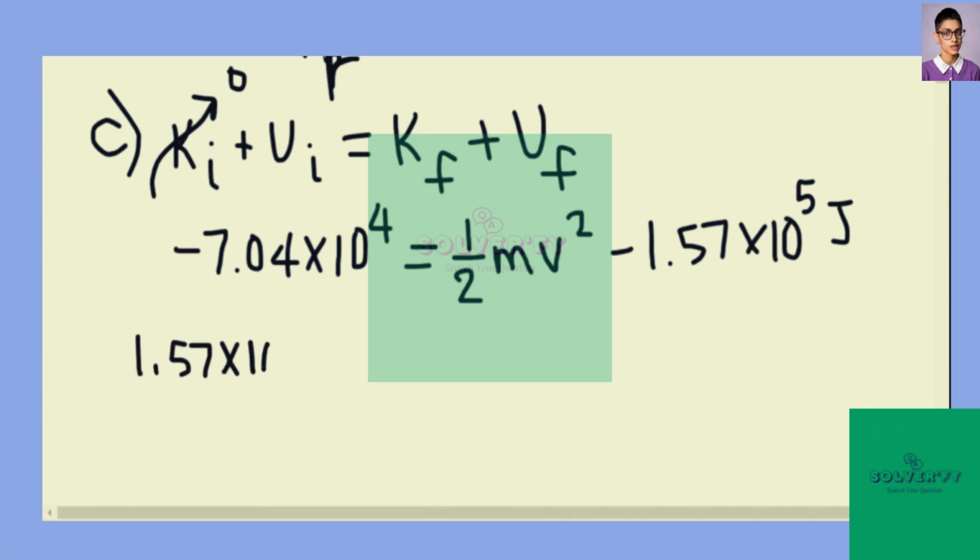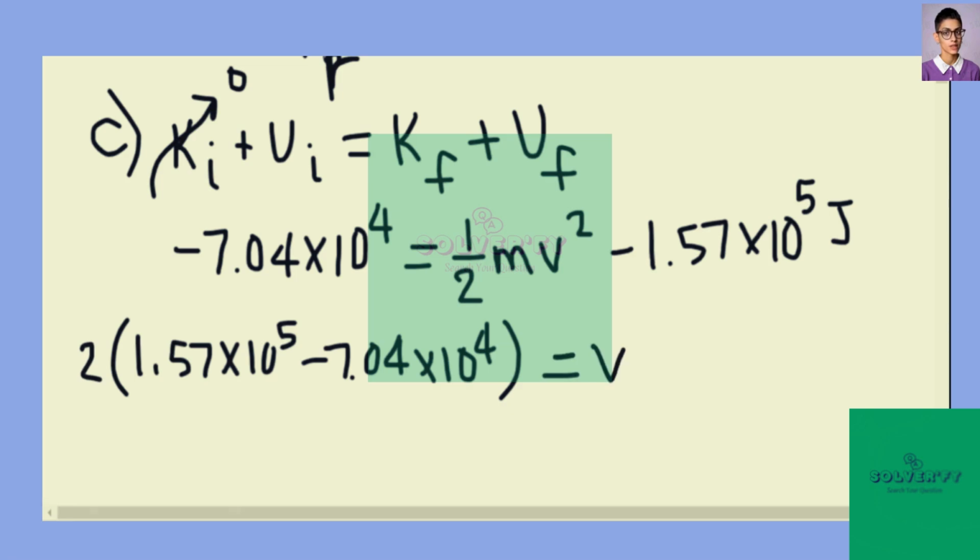So if we just take 1.57 times 10 to the fifth power minus 7.04 times 10 to the fourth power, and we multiply it by 2, that will give us v squared. So if we take the square root of that, we will get the answer. So let me put that into a calculator.